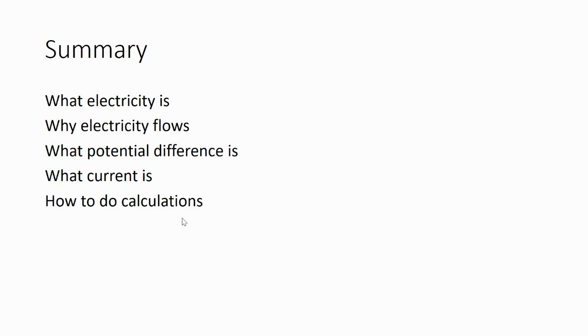What current is, it's the rate of flow of charge, how much charge flows in 1 second. And we've given a couple of examples of how to do calculations. So your work is going to involve all of these things. And there will also be all the information summarized for you in a document, so you can read it if you are unsure of anything.